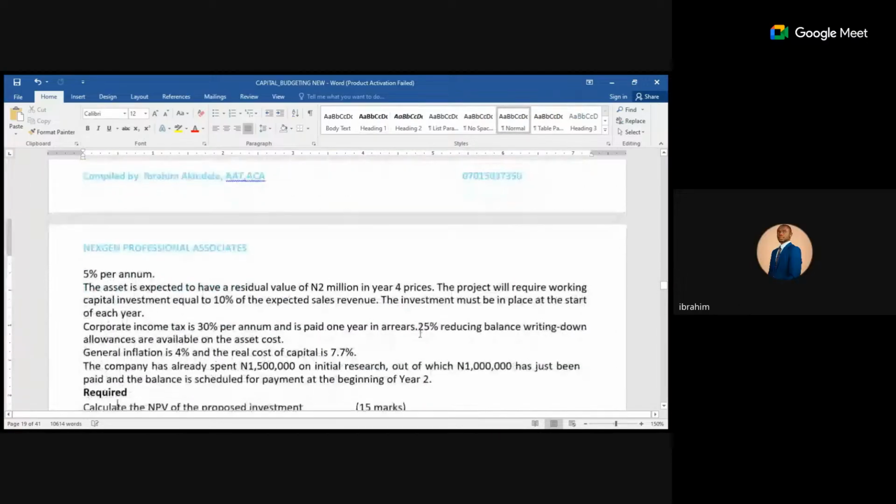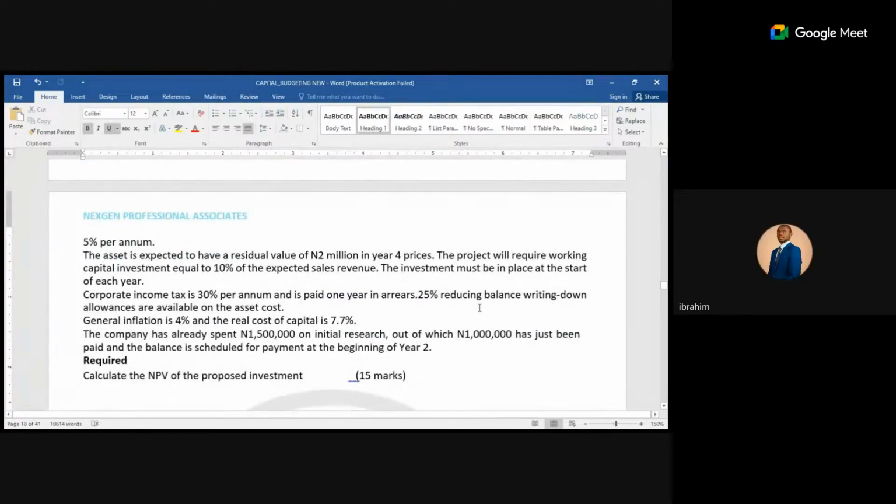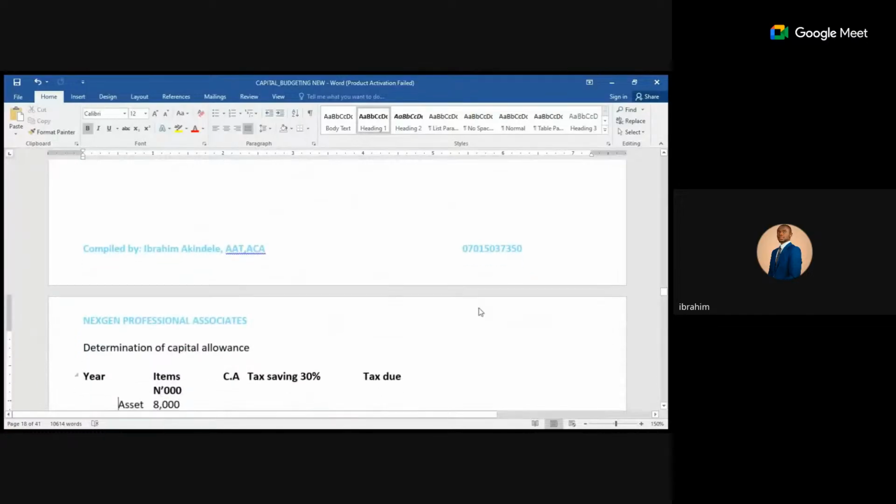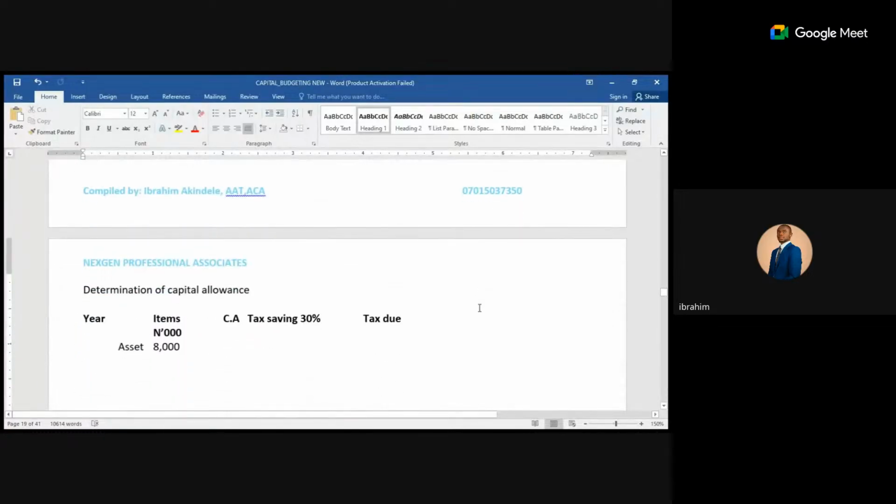It is 25% reducing balance, and written down allowances are available on the cost of the asset, because it is reducing balance. Sometimes it may be on straight line method. If it is on straight line method, you don't need to reduce it. You still have the same capital allowance.